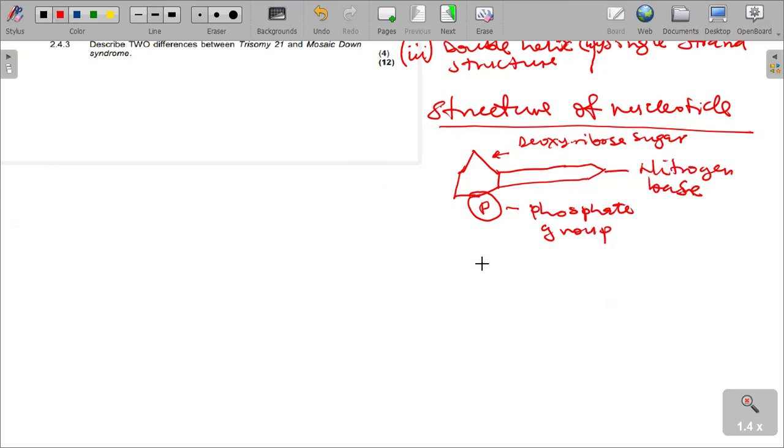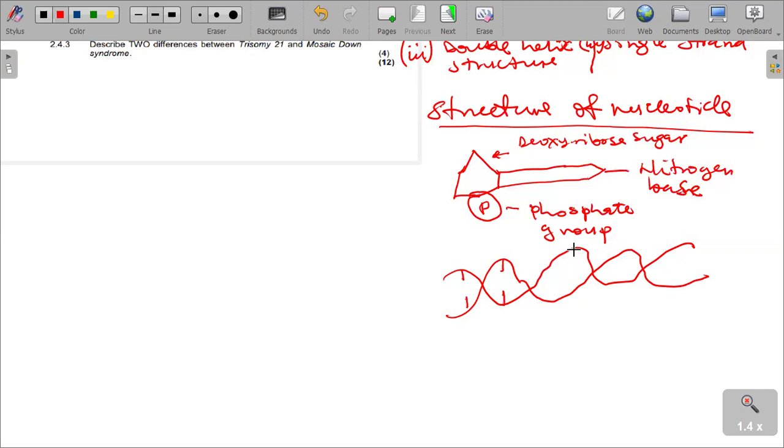The structure of DNA is a double helix, which means that it looks like this. It looks like this simple diagram that I'm trying to draw here, which we can have that and that.